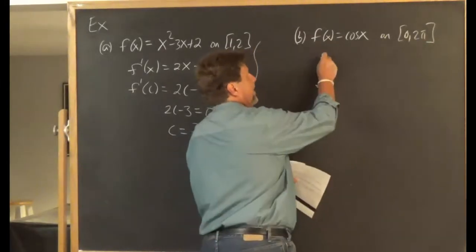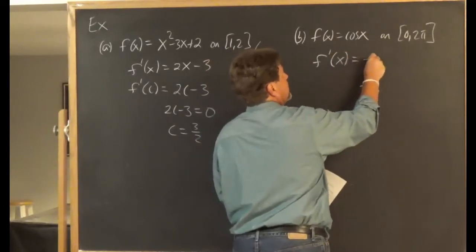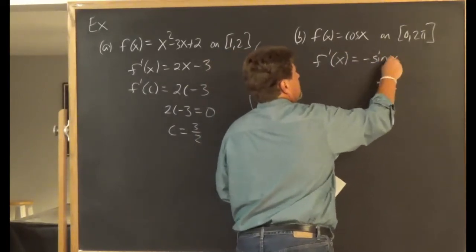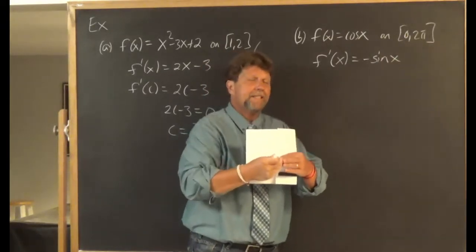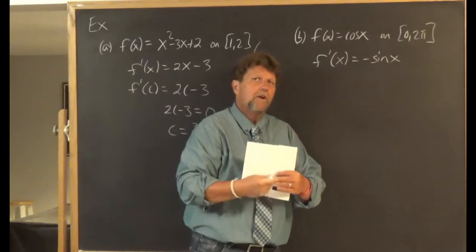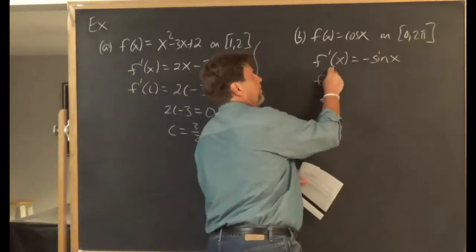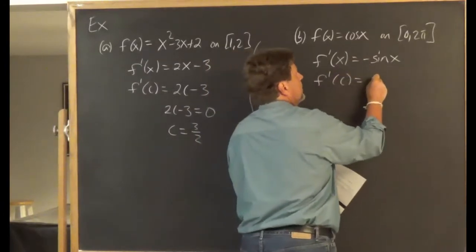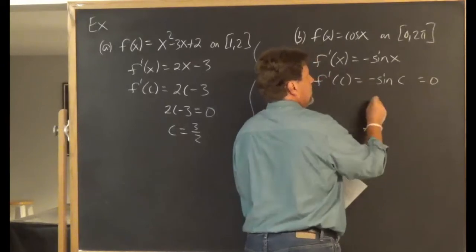So we get the derivative. We know the derivative of cosine is negative sine. Technically speaking, following the spirit of exactly what Rolle's theorem says, there is a c such that f prime of c is equal to 0.